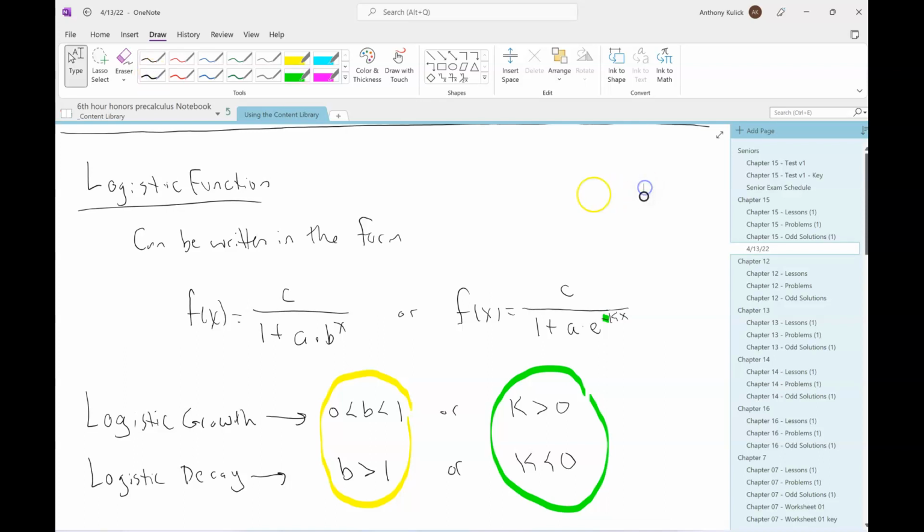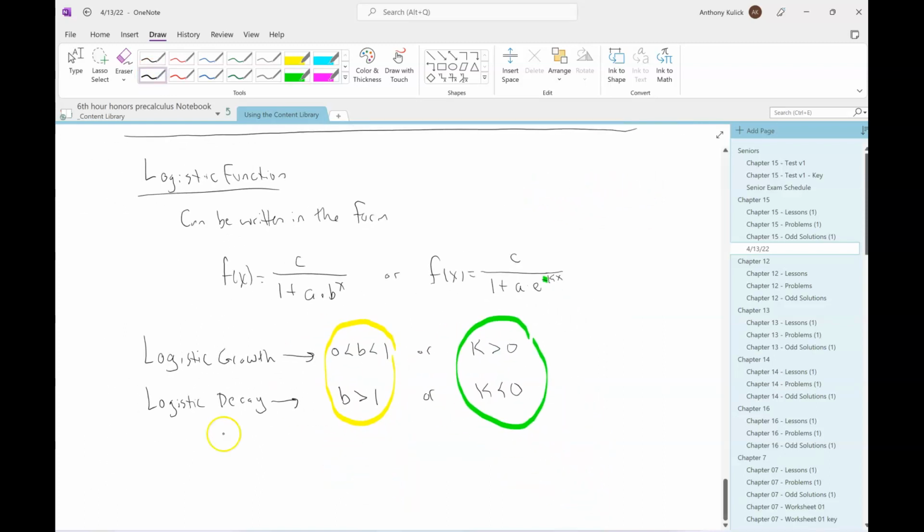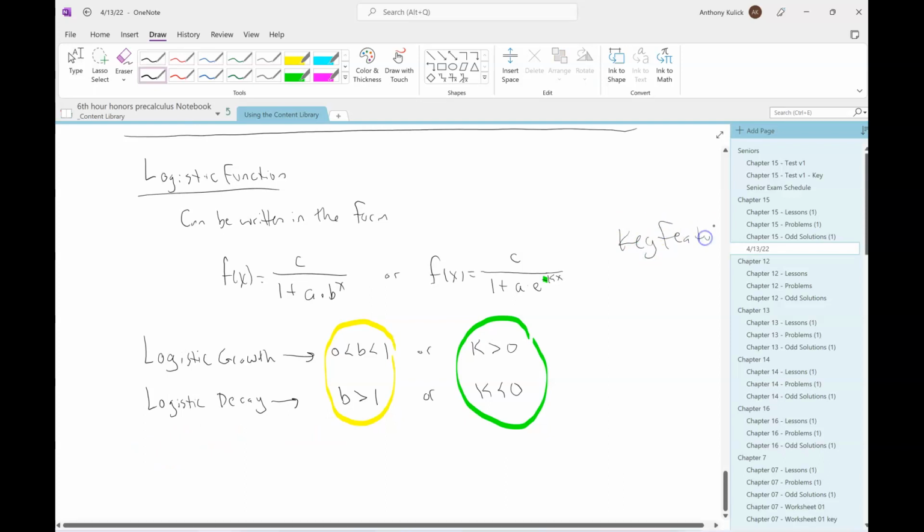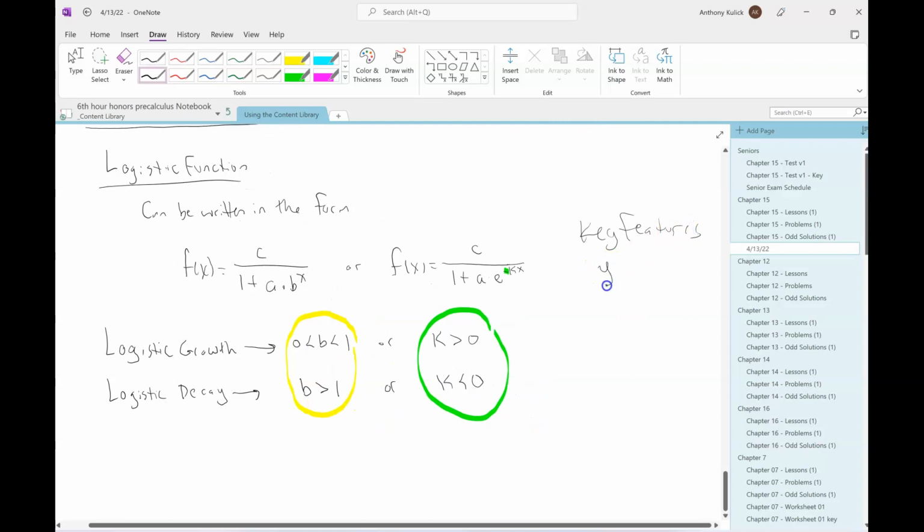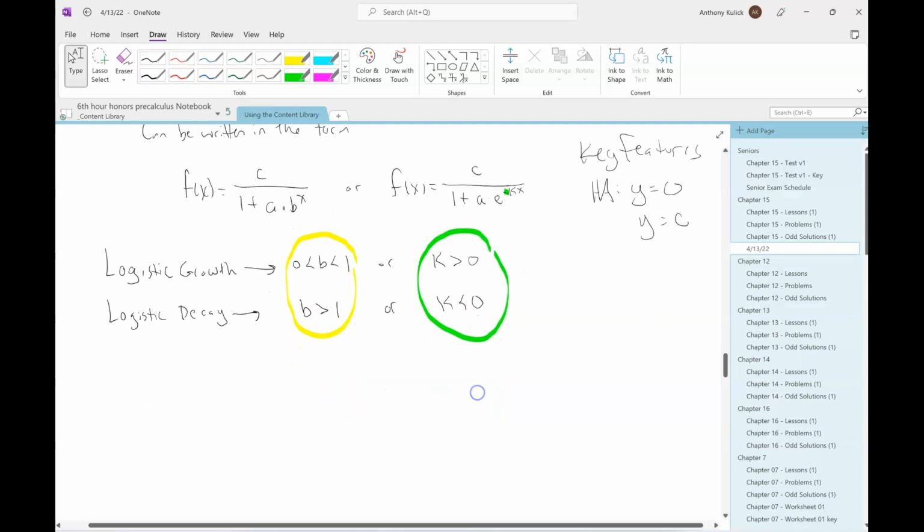So the logistic function is nice because what's going on here is we have two horizontal asymptotes, one at 0 and the other at c. So we're going to have a function that kind of looks like this.